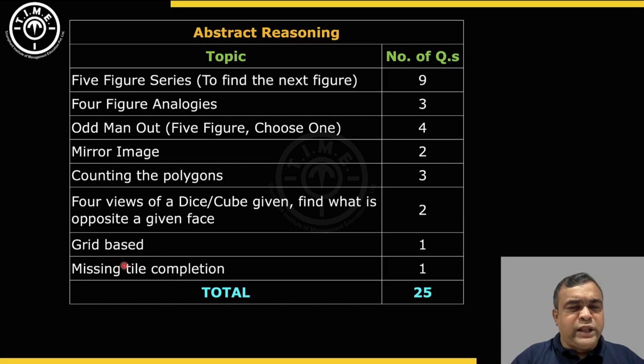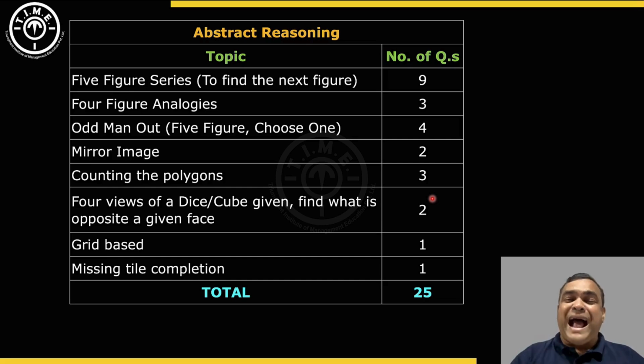Only the missing tile completion was slightly different, but this is a repetitive question. We had covered this kind of question in our workshops also. Now here I just want to tell you that counting the polygon, there were only 3 questions. If you're trying to count them manually, it could have consumed more time.